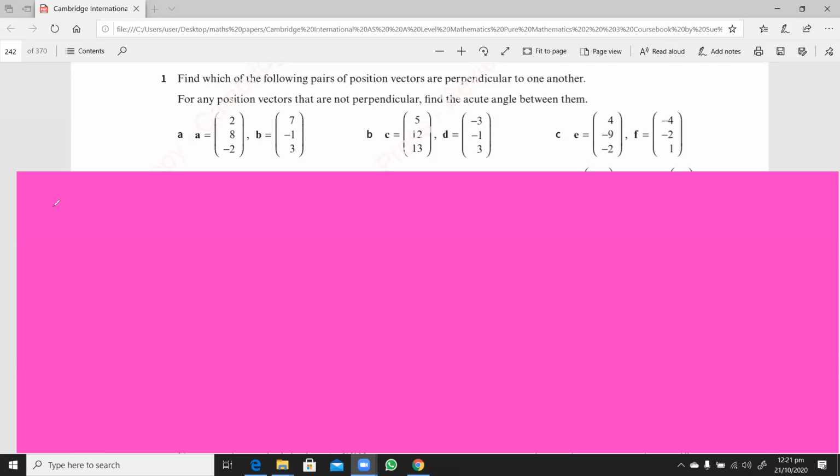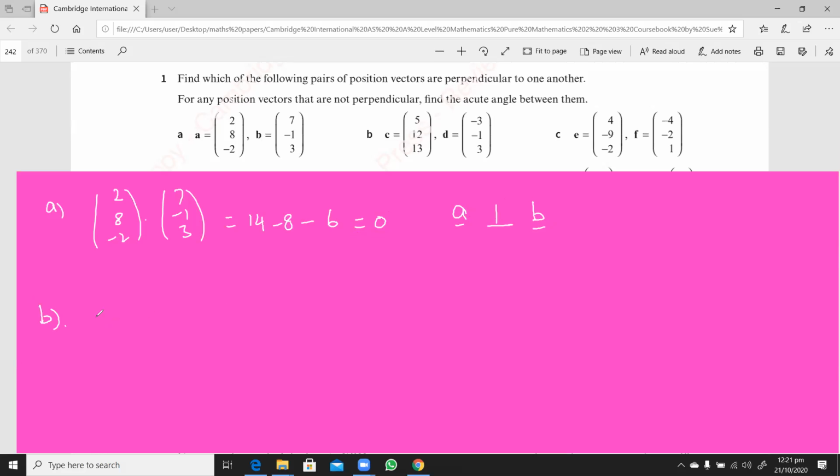So if I do that A part, this is 2, 8, minus 2, dot 7, minus 1, 3. So it's going to be 14 minus 8 minus 6. The result is 0 over here. So that means the vector A is perpendicular to the vector B. That is your A part.